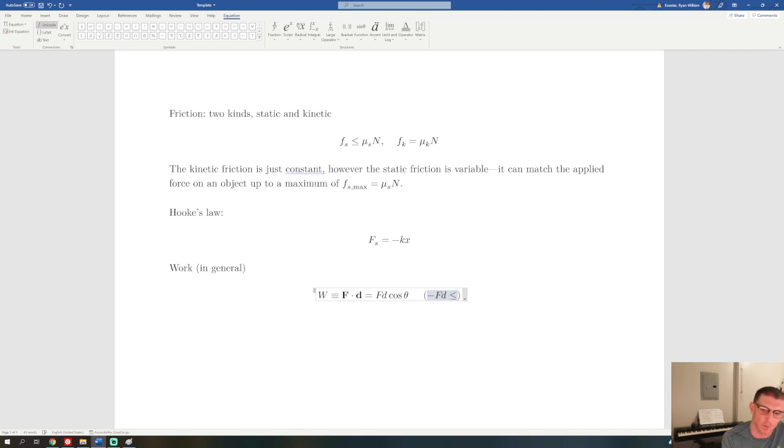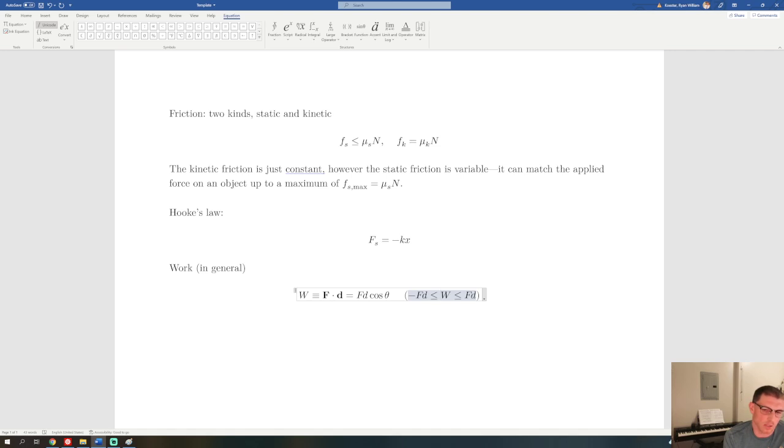But what this means is that a given value that you calculate for work should be between negative F D and positive F D. So you have a little sanity check you can do for a calculation that involves numbers. Do I need to talk more about this, or do we feel okay about work?